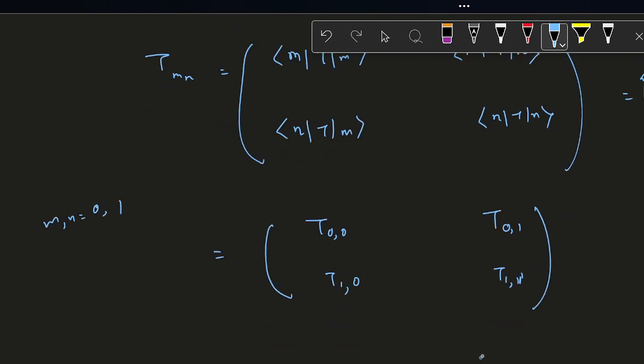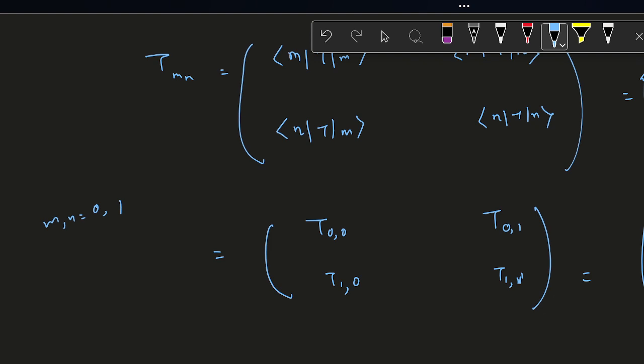So basically now just plug in the values 0 and 1 in these terms. First of all, m and n are 0 and 0, so it is e to the power beta J 0 into 0. Then 0 and 1, that means e to the power beta J 0 into 1. This term is e to the power beta J 1 into 0. And the last term is e to the power beta J 1 into 1.